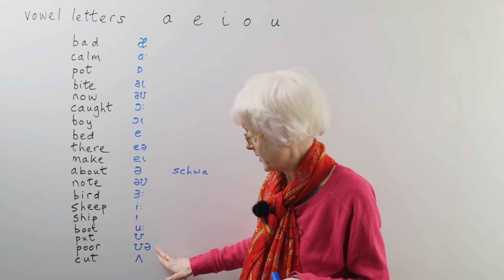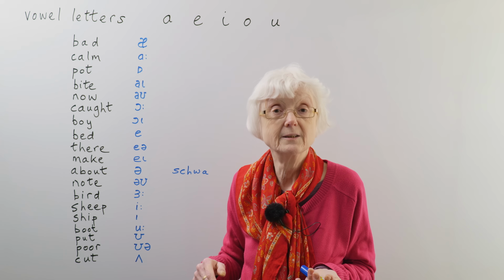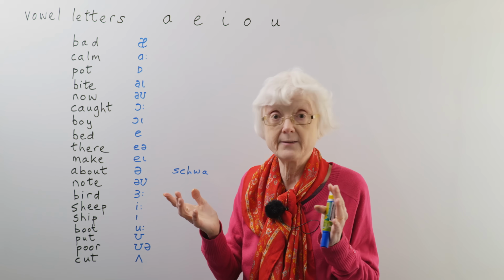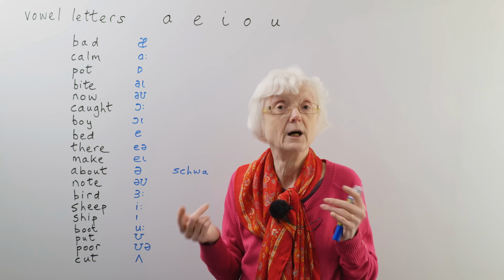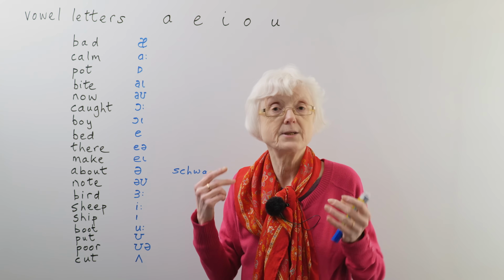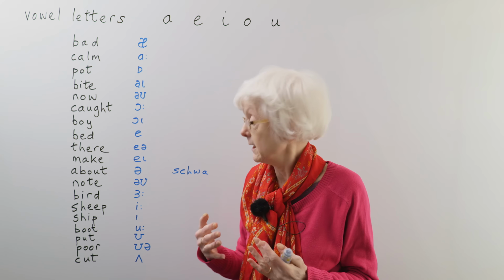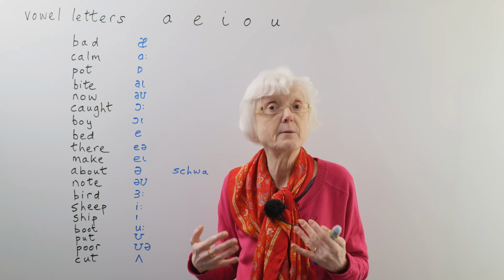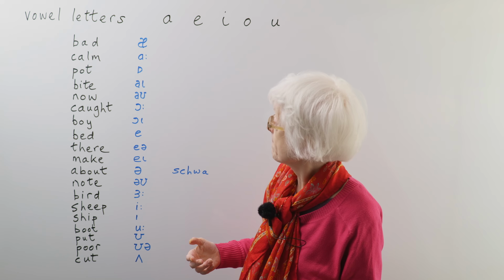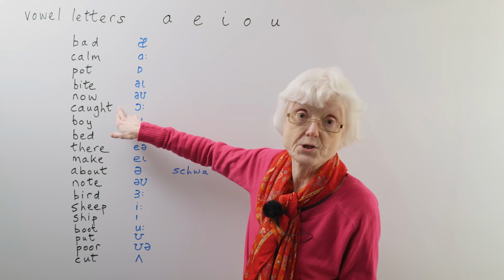But going by the symbol, this is pronounced ooa. So it's almost two. It is two vowel sounds put together. Poor. And I think only a small percentage of English speakers pronounce it that way. A lot of people just pronounce it pore. So it would be more like the or in court.